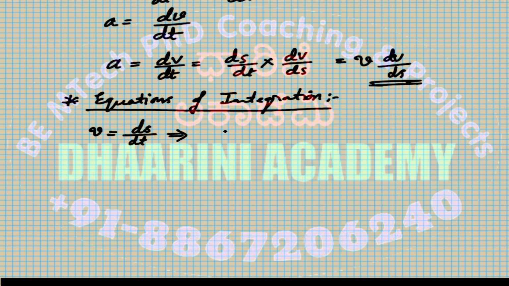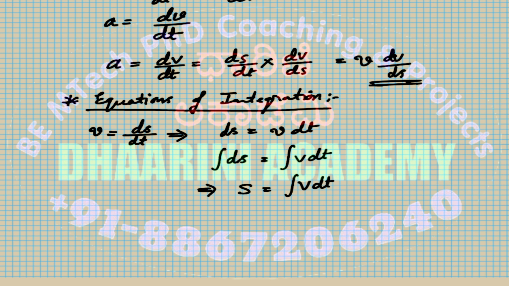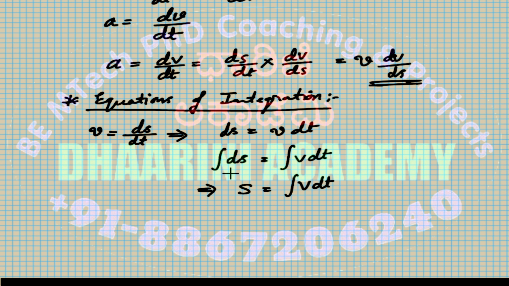So this implies ds is equal to v into dt. When we have such ds and dt on both sides, I can do an integration. Integral ds is equal to integral v into dt. Right? So that means you can obtain integral ds as s. So this implies s is equal to integral v dt is one such equation. You see, it actually uses integration, so it falls under the second category, equations with integration.